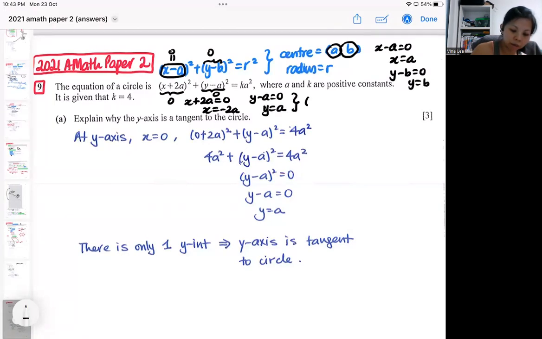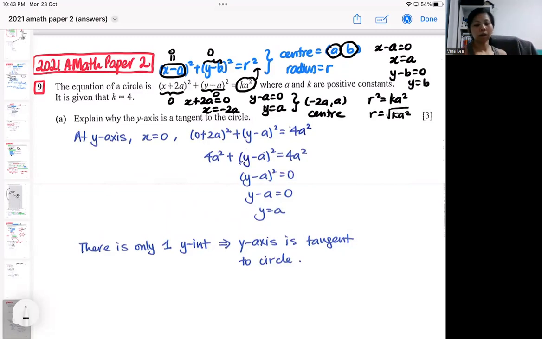So from here, you can tell that this will be the center. Subsequently, sometimes you might need it. And this whole thing represents r squared. So r squared is equal to ka squared. If I do need my radius, it will be the square root of ka squared. So that will be the initial finding before you even proceed to the whole question.